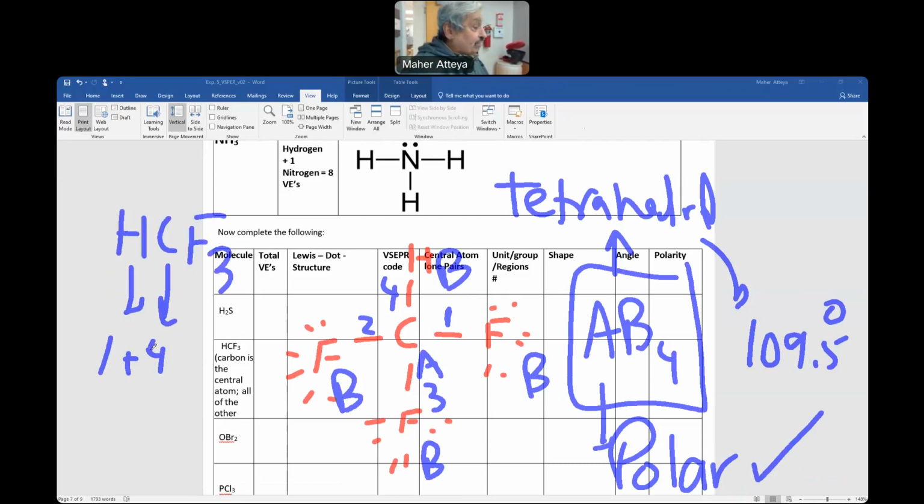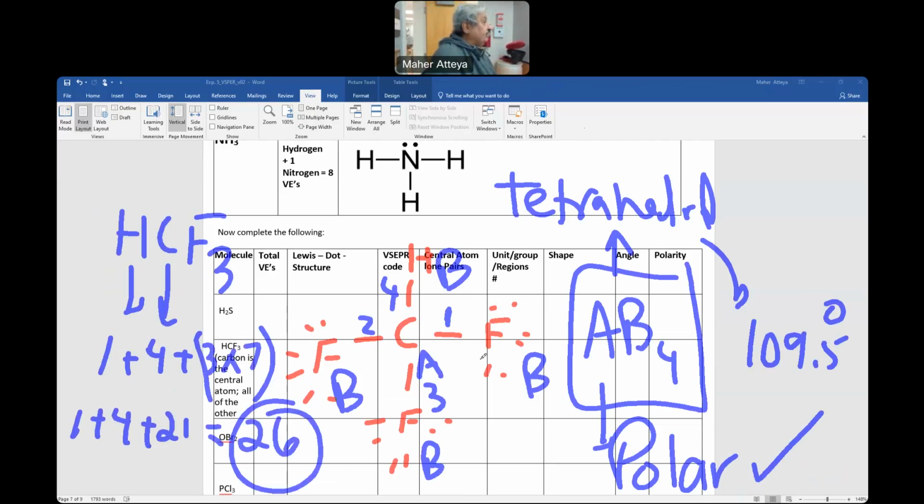Come on, guys, look at the periodic table. Fluorine, how many? 3 multiplied by what? Where is it? 7A, or 17. Multiplied by 7. So this is 1 plus 4 plus 21. How much is it? 26.